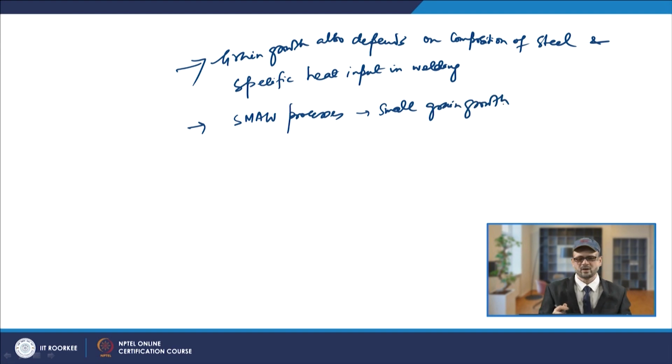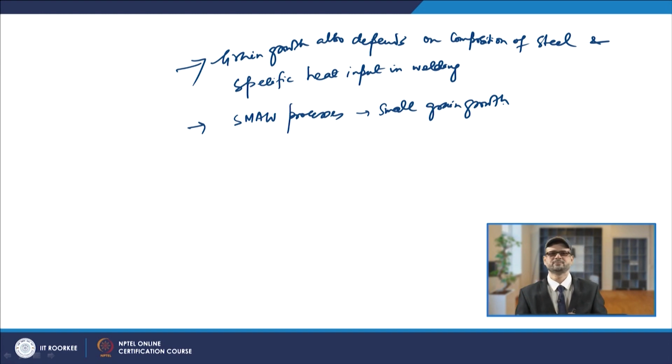Then, as compared to SMAW, in SAW it is more than SMAW, and if you talk about electroslag welding, ESW, it is quite high in those cases. So the grain growth phenomenon is seen to be more prominent in those processes. Basically it also depends upon the type of welding process, that is, the specific heat input in the welding, because it is less in the case of SMAW.